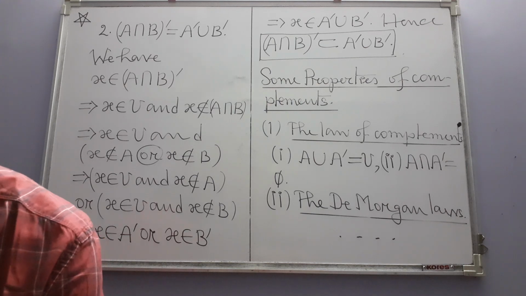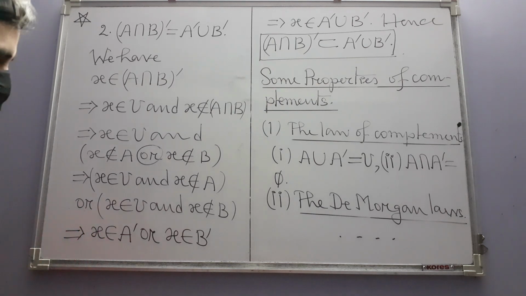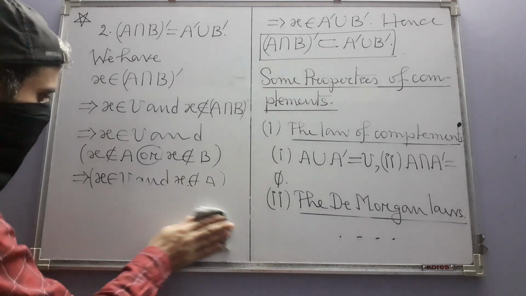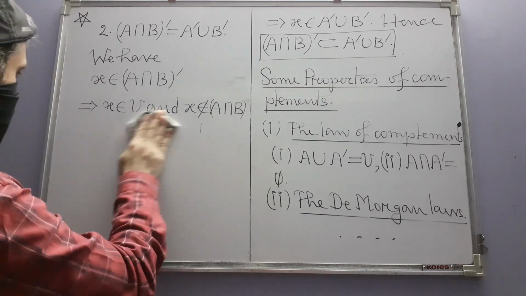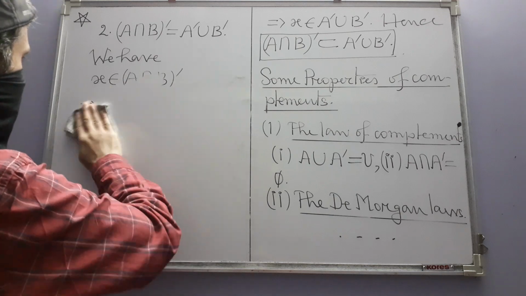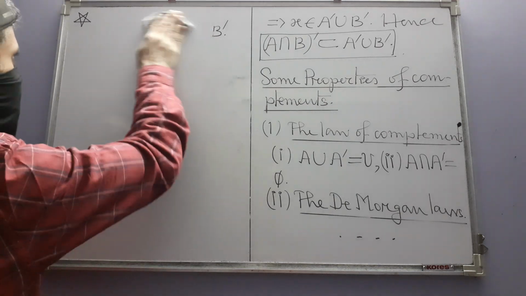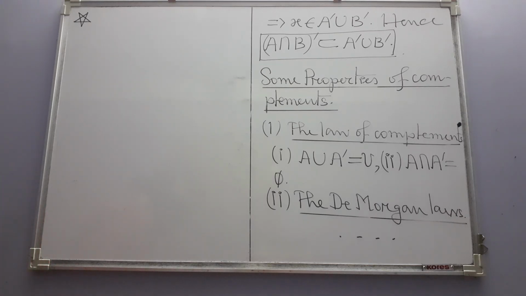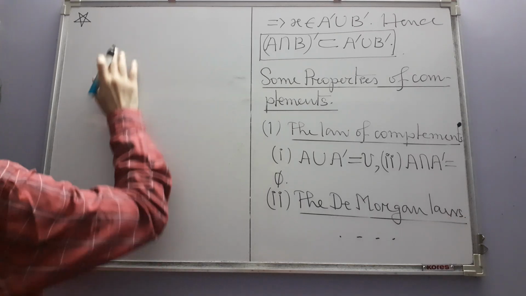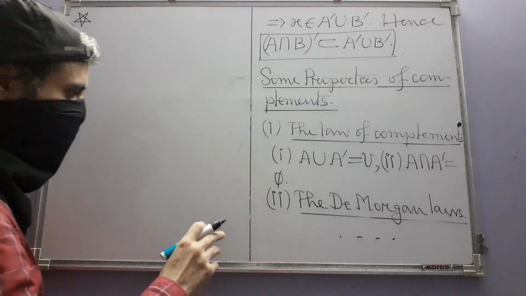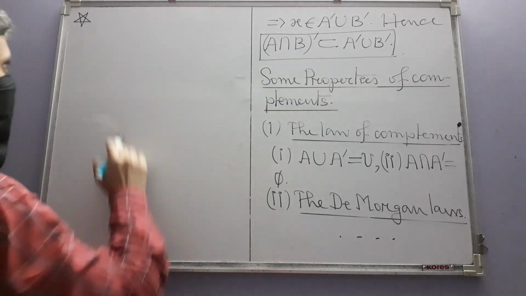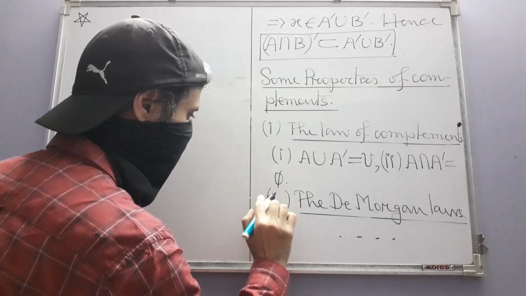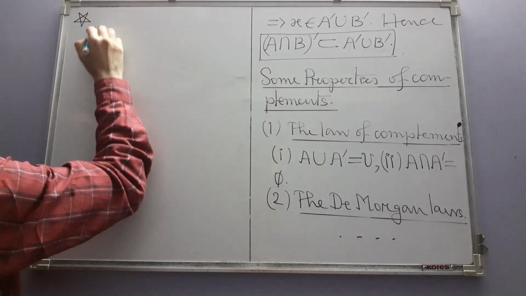Besides this, there is that other thing which we have observed in the very first example, the law of double complements, double complementation actually. If you view taking complement as an operation, so this is number 3.